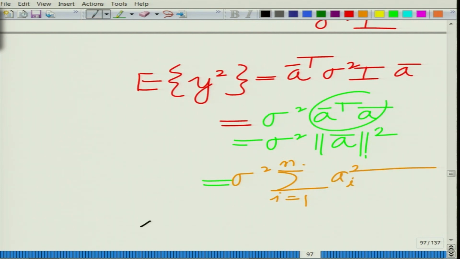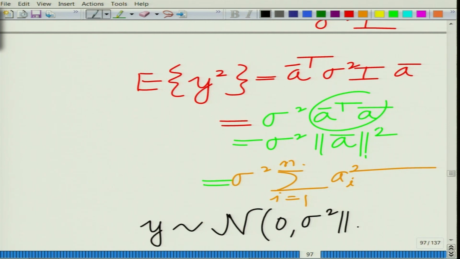So, interestingly, y is Gaussian with mean 0 and variance sigma square times norm a bar square, right.